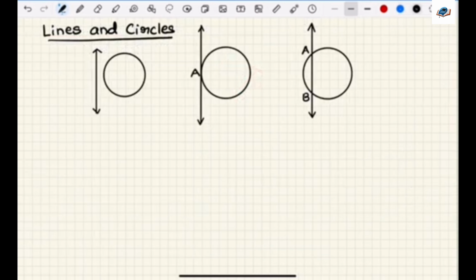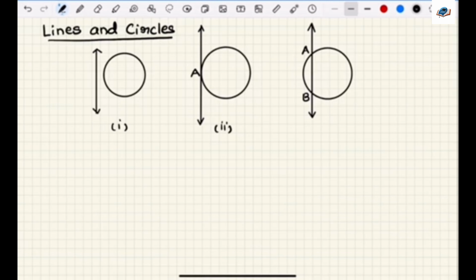Now next point says lines and circle. So if we see the first figure carefully, a circle and line are not touching each other. But in the second figure, a circle and a line are touching at one point. So such line is called a tangent.